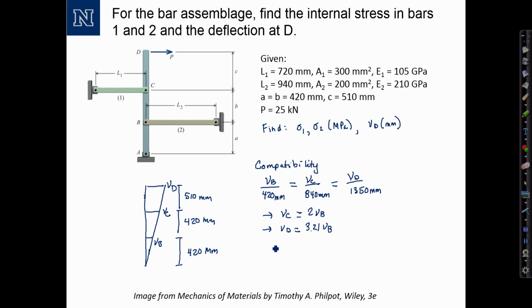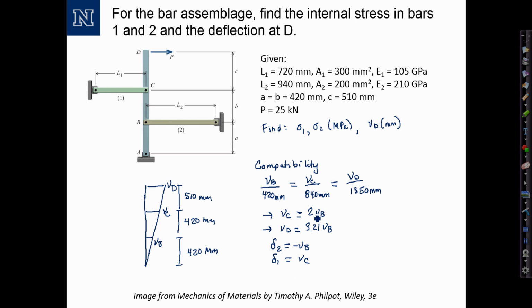So I would say that delta 2 equals negative V sub B. In other words, if V sub B is positive, delta 2 is going to be negative. And likewise, I note that if point C moves over, then bar 1 will also elongate by that same amount. So delta 1 is equal to V sub C.